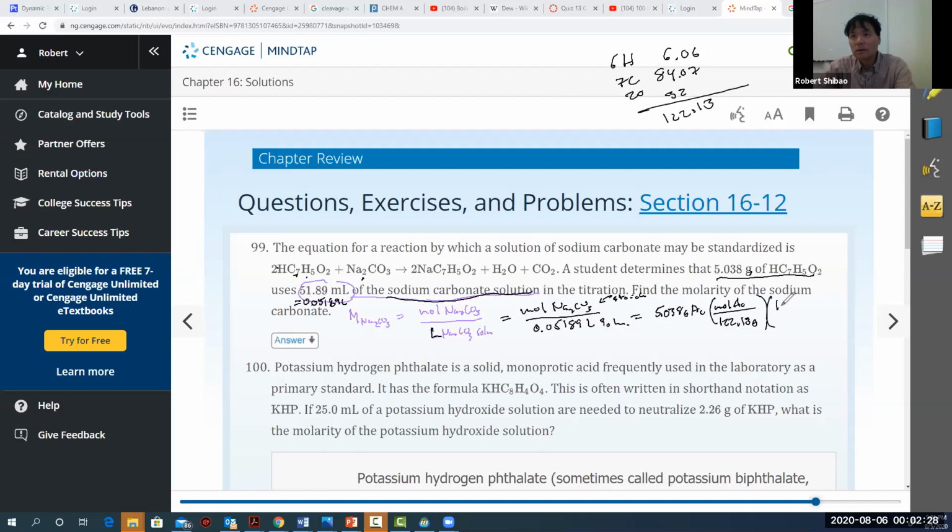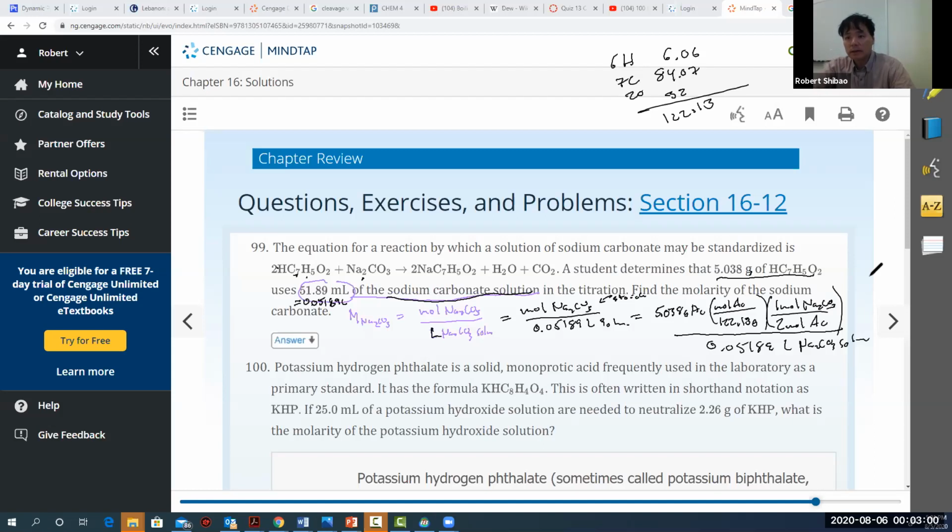So 1 mole of sodium carbonate for every 2 moles of acid. And that's what we want on the top. We want, actually we don't, is that what we want? Yeah, we want the molarity. So that's moles over liters, 0.05189 liters of sodium carbonate solution.